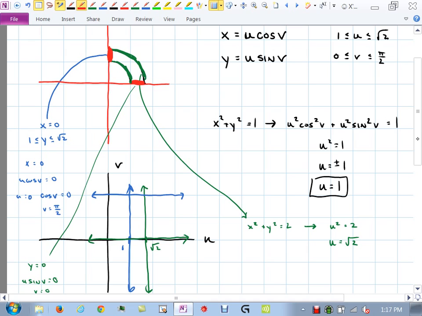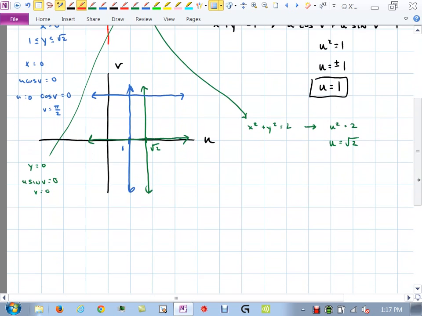Now what about this piece right here? What can you tell me about that piece? y is 0, right? It comes down this way. If y is 0, then the same thing happens. That means u sine v, because y is the y coordinate, right? We use sine. u sine v is 0, which means what? Again, you don't have to worry about u being 0, but sine v is 0.